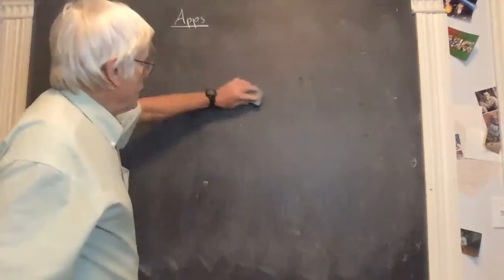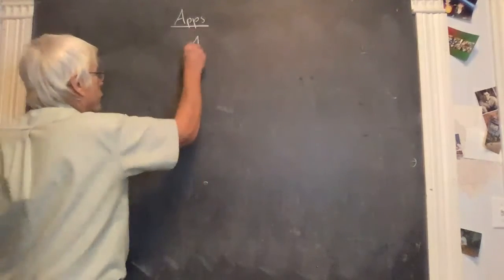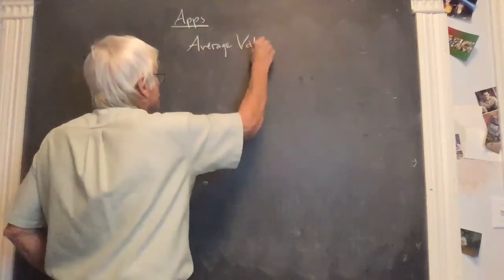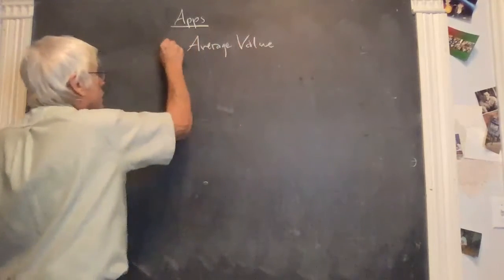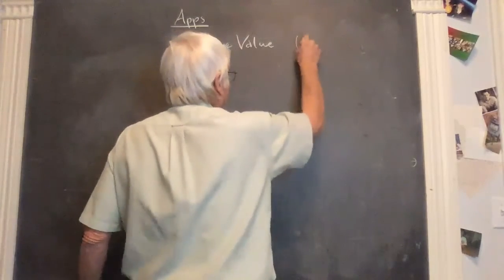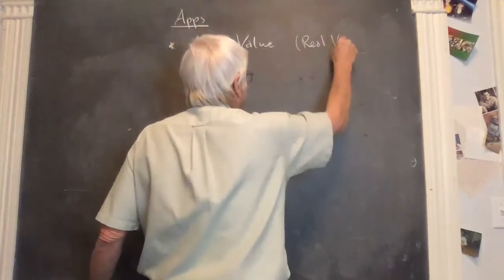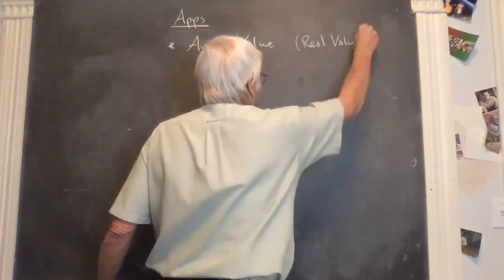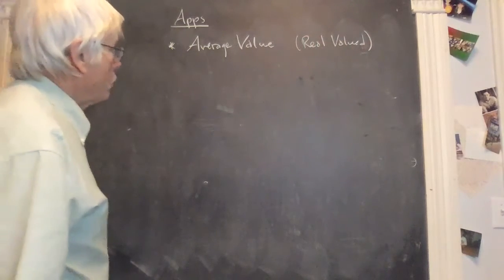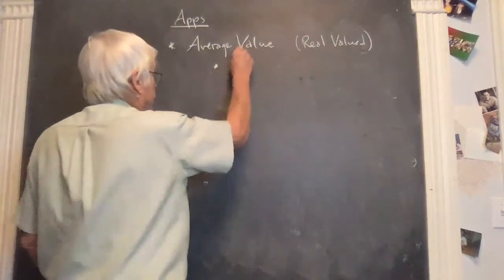So the first application is the average value. You're going to find the average value of a real valued function. All of our functions here will be real valued. There are two integrals involved.